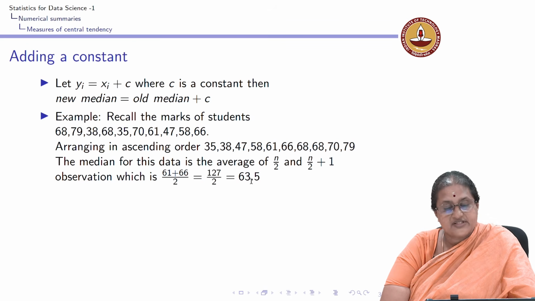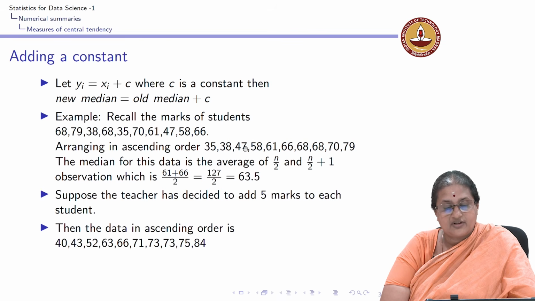If the teacher decides to add 5 marks to every student, then the data becomes 40, 43, 47 plus 5, which is 52, 63, 66, 73, 75 and 84. I am adding 5 to each point of the data set.